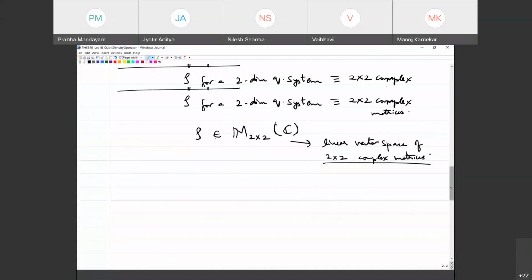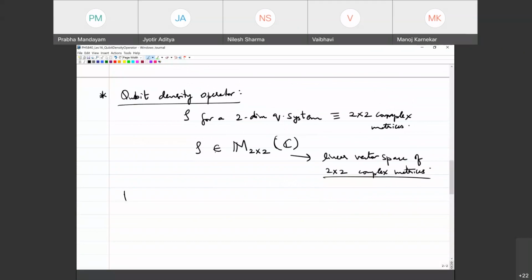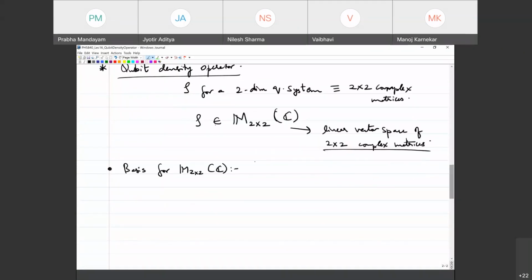So what is the basis that we identified for it? 1 0 0 0, 0 1 0 0, 0 0 1 0, and so on. First of all, note that this is a what dimensional vector space? What is the dimensionality? 4.